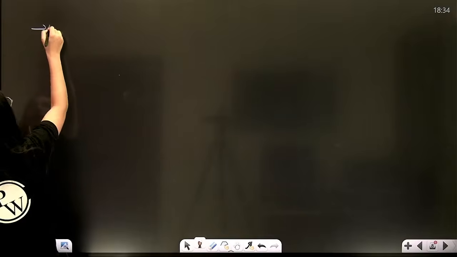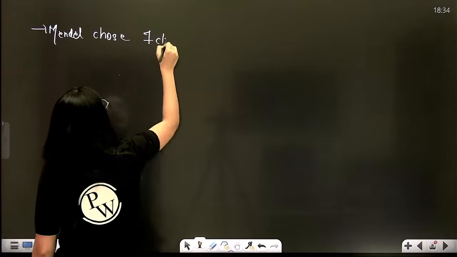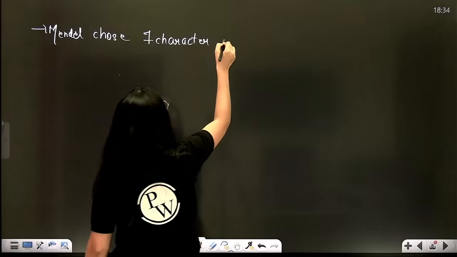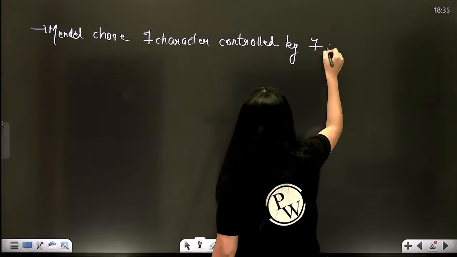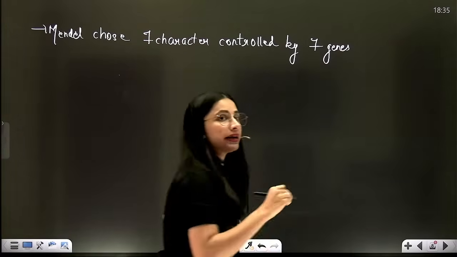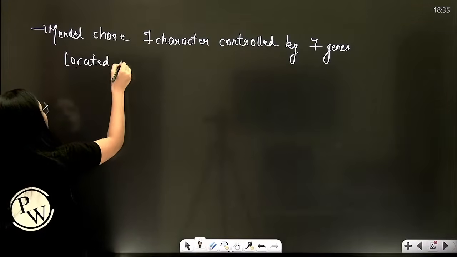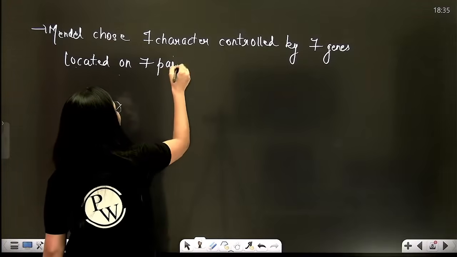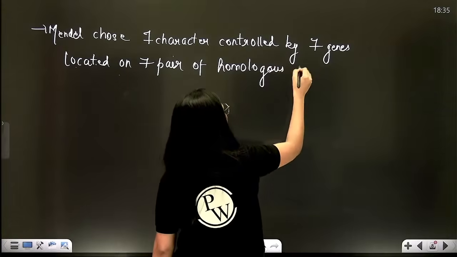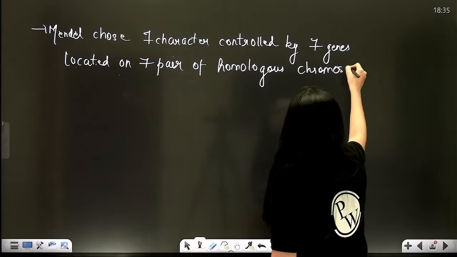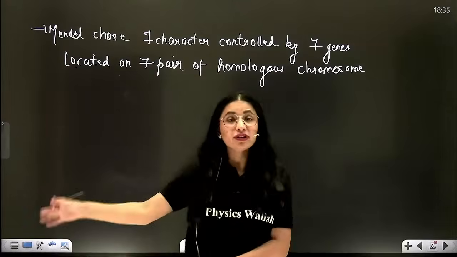Right. So basically, Mendel chose 7 characters of pea plant controlled by 7 genes located on 7 pair of homologous chromosomes, and he performed these experiments for 7 consecutive years.